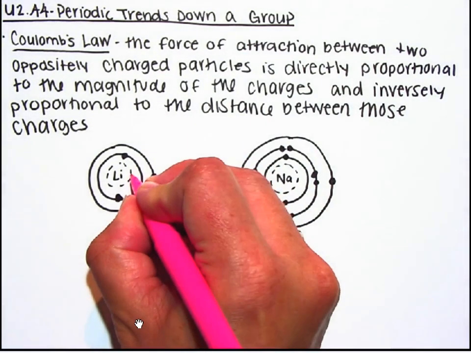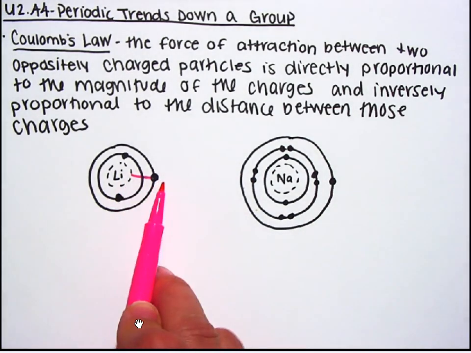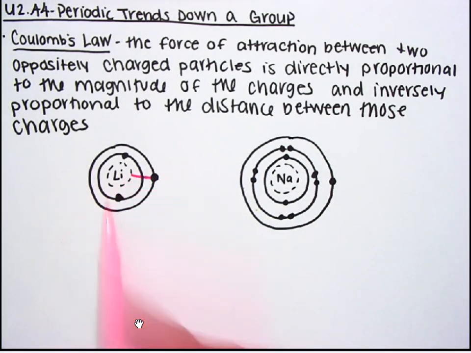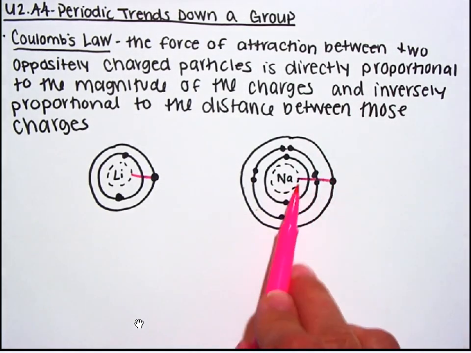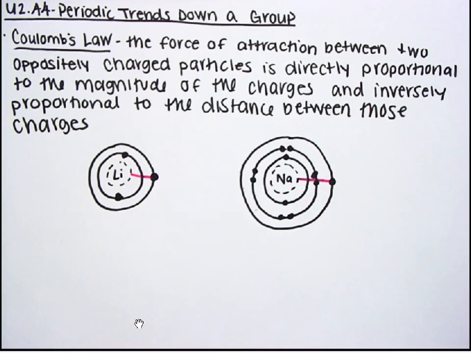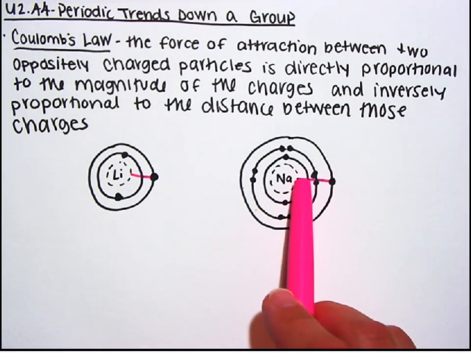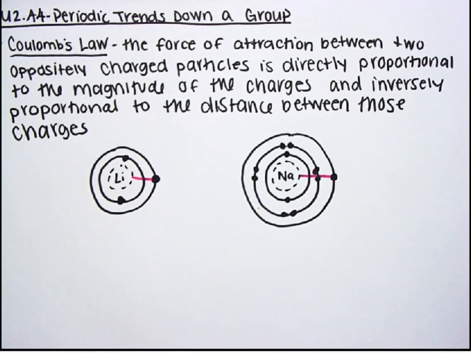The distance between the positively charged nucleus and the negatively charged electron in lithium is going to be less than the distance between sodium's positively charged nucleus and its negatively charged valence electron. So as that distance increases, the force of attraction decreases. That will be the important trend to remember as we talk about our various properties.